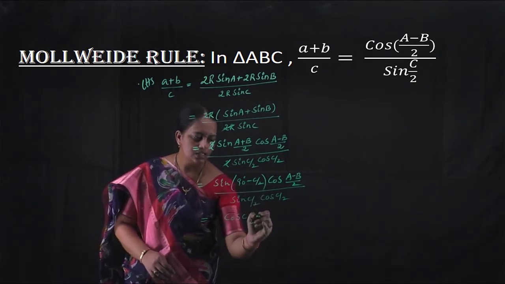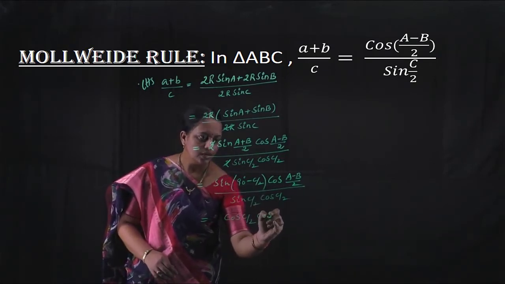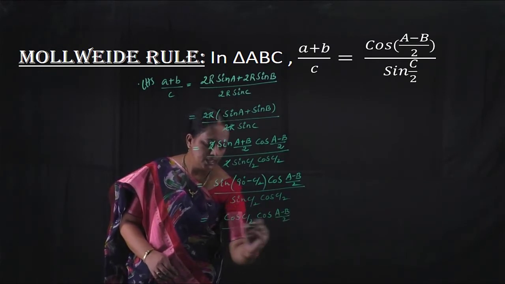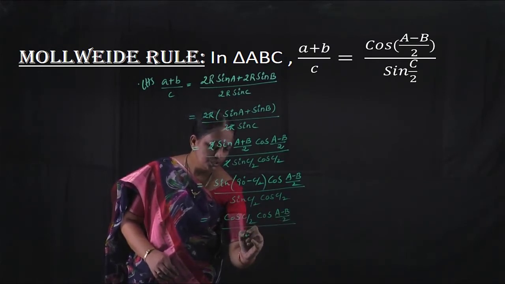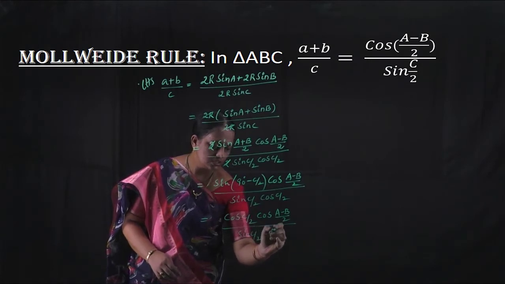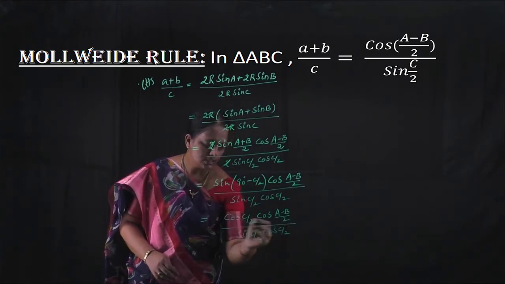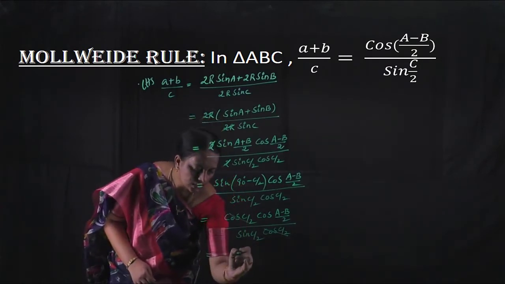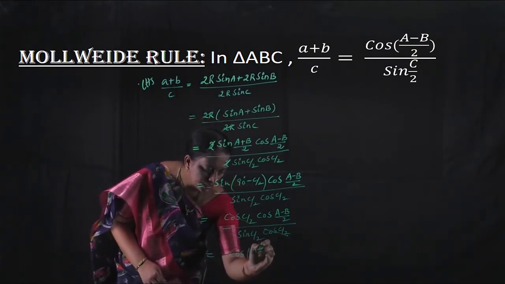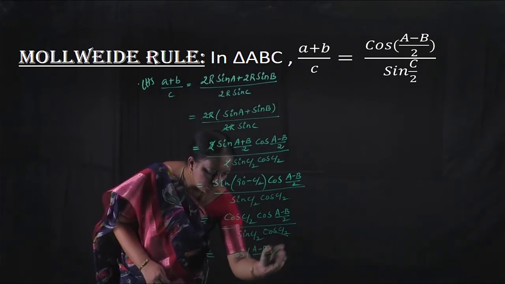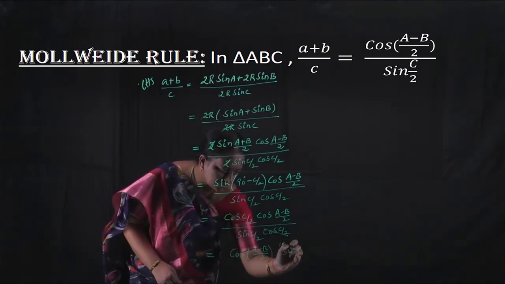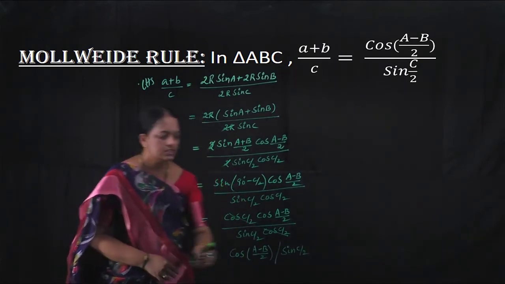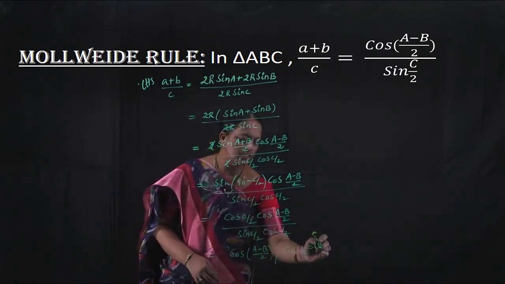So cos C/2 into cos of (A−B)/2 by sin C/2 into cos C/2. So here cos C/2 gets cancelled. This is equal to cos of (A−B)/2 by sin C/2, which is equal to the LHS.